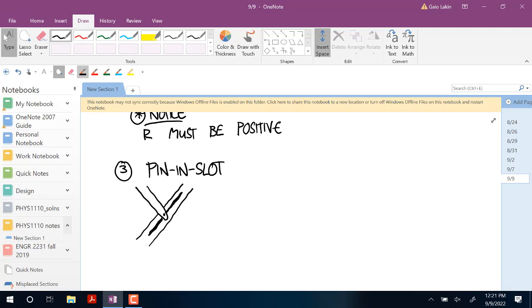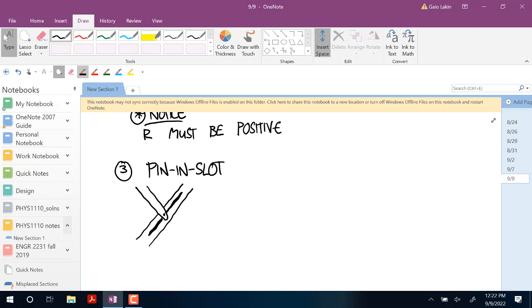So if we think about this, I didn't do this with the first two, but think about this in terms of the degrees of freedom that are restricted. Is there a line along which that pin can translate? Yeah, it can slide along that slot. So let's call that the x-axis. There's no force applied along the x-axis.